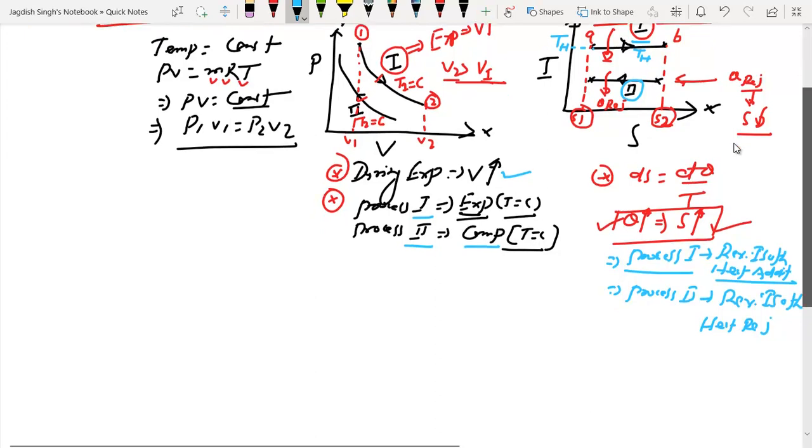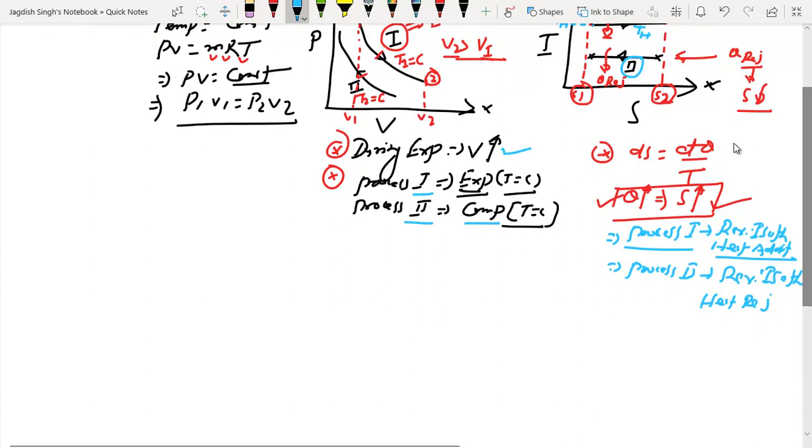So this is a very basic concept, you need to understand this one. This is the graphical representation of a reversible isothermal process on PV and TS plots. Well, if it is clear, now we can move to the entropy change.